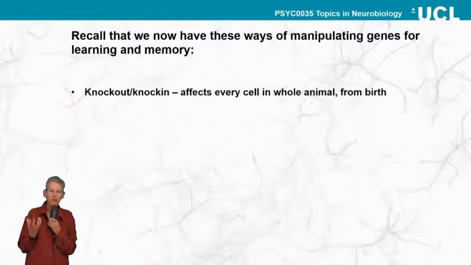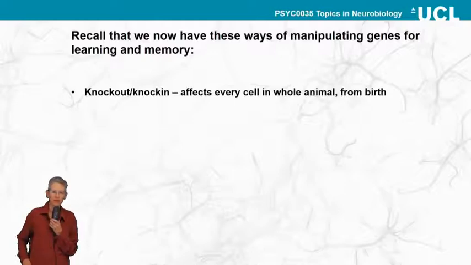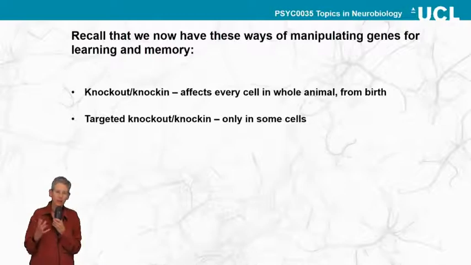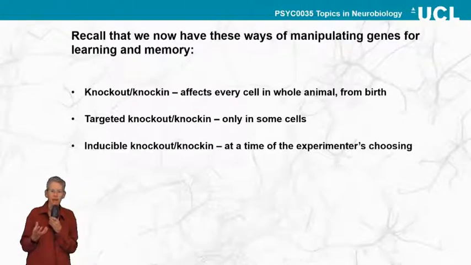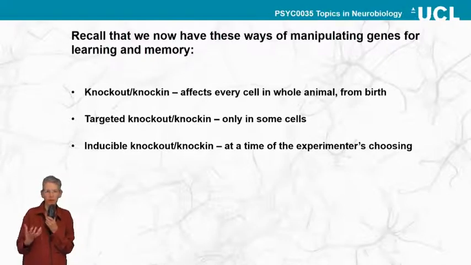So remember that we now have these ways of manipulating genes. We can add or remove genes, so it's called knock-in and knock-out, which affects the whole animal. Or we can use targeted knock-in and knock-out, which affects only some of the cells, and we do that by using promoters, these things that regulate whether or not genes get expressed. And then at the end of the last lecture I introduced inducible knockouts, like tamoxifen in the example that we saw, where you can knock out the gene by injecting the animal with a chemical substance.